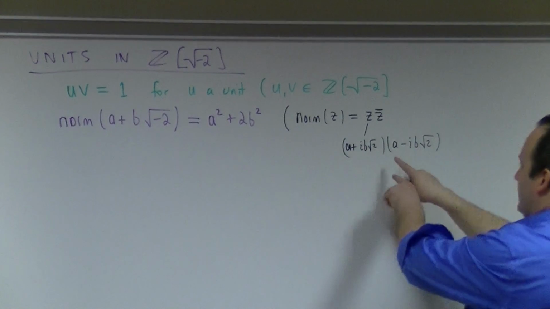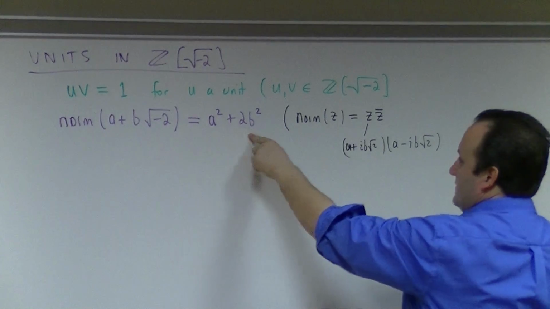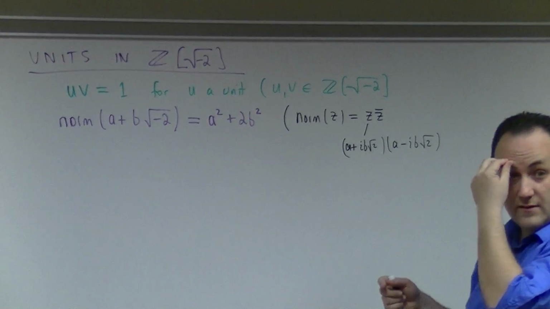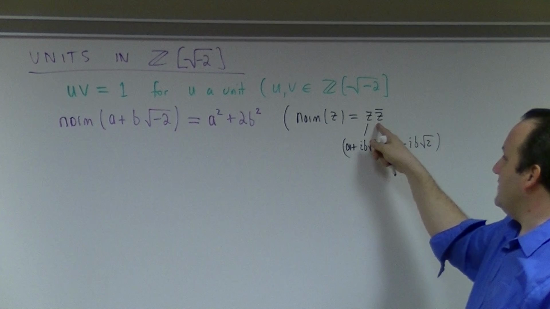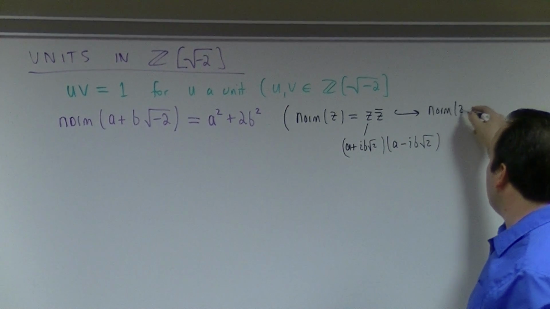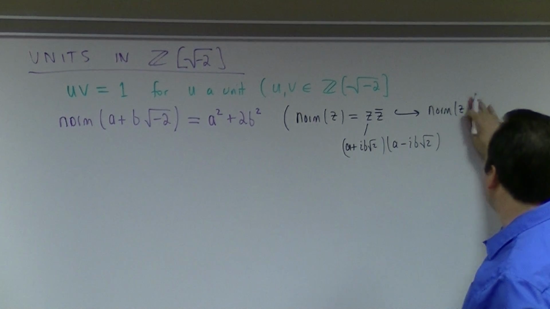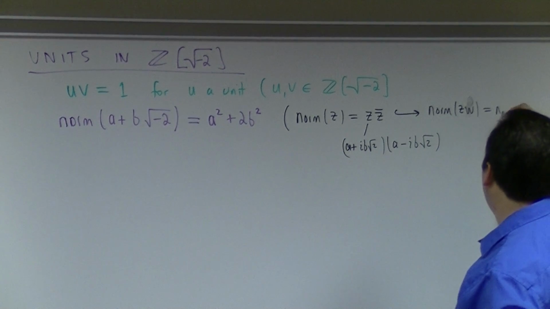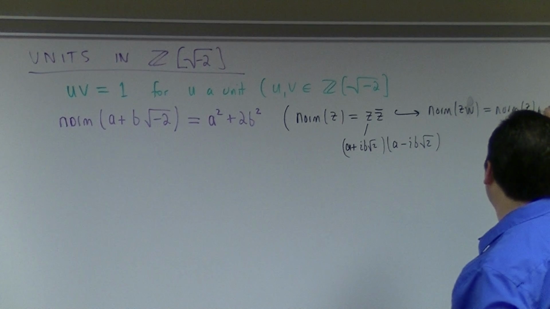And so when you multiply these, you get a squared plus 2b squared, but the cross terms cancel. Once you have this, it's really easy to show that the norm is multiplicative. So the norm of zw is what? Yeah, norm z times norm w.